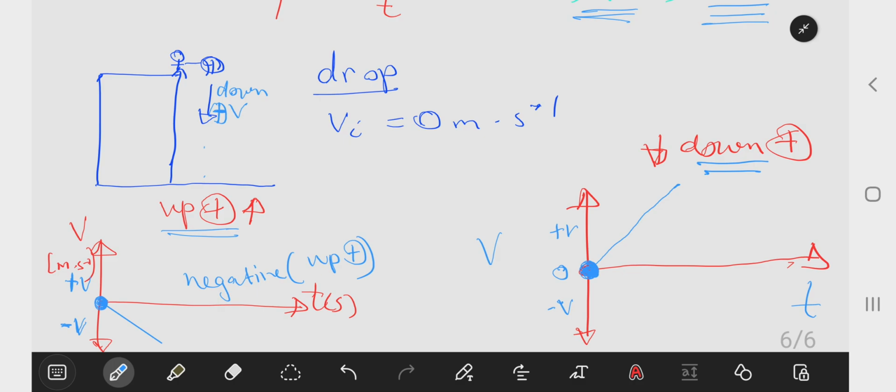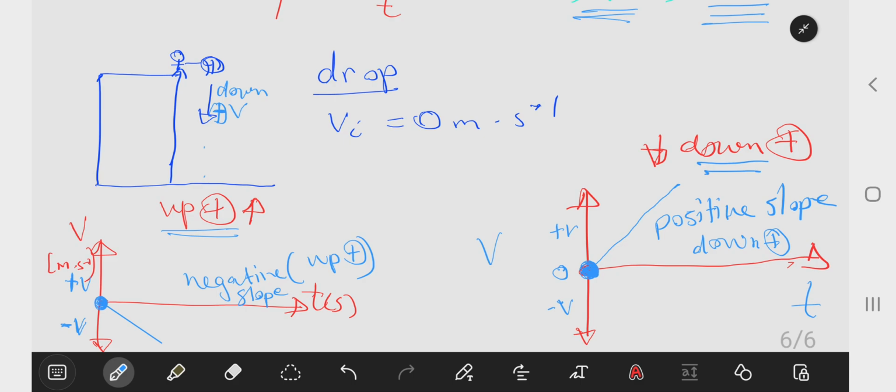Now we can actually spot the differences. This line has a positive slope, or a positive gradient. This one has a negative slope. If it has a positive slope, we can simply say that downwards was chosen as positive. This is how we identify which direction was chosen as positive.